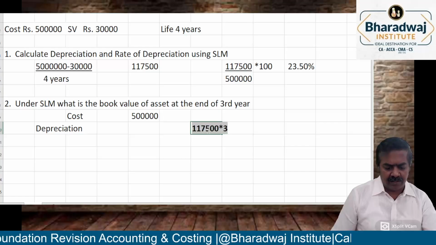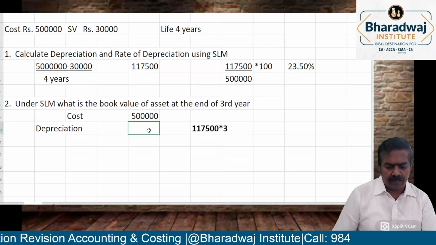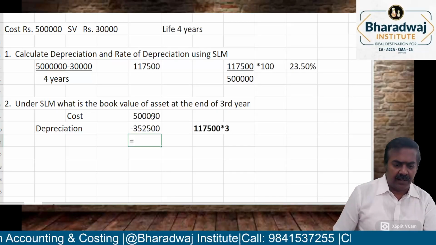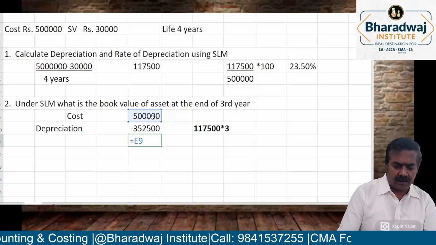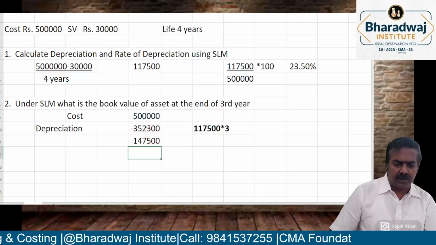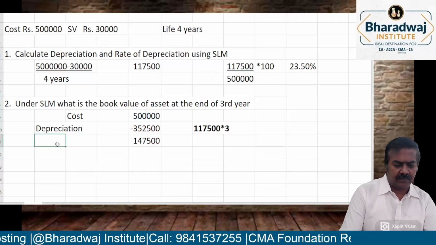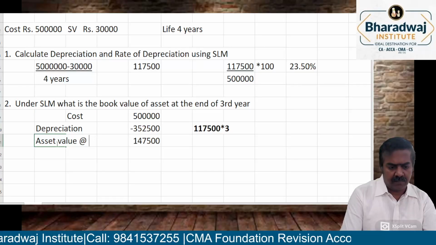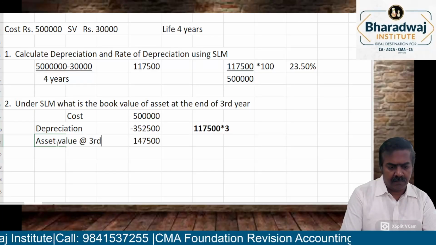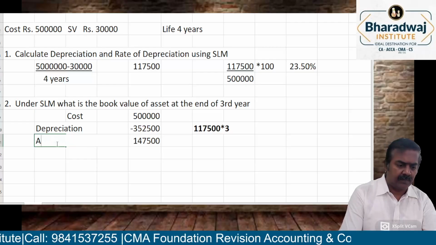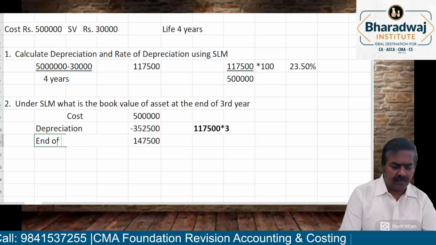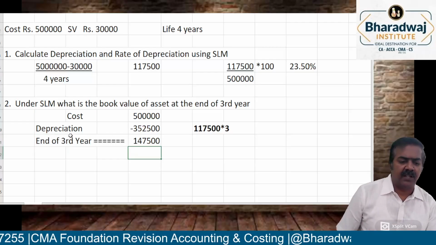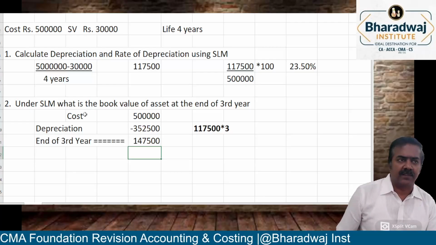So the balance will be the asset value. At the end of third year, the asset value will be how much? 1,47,500.